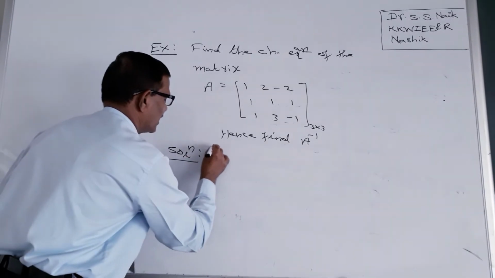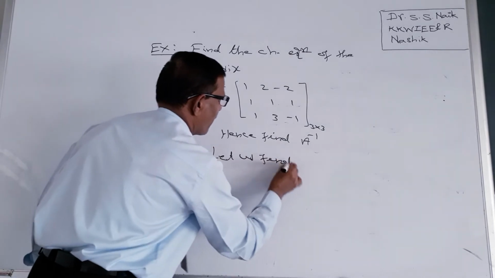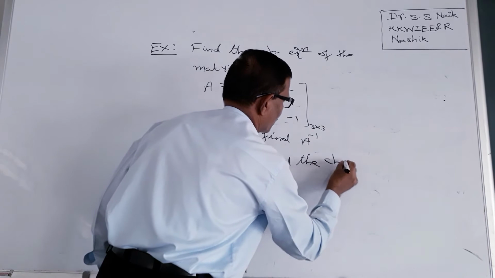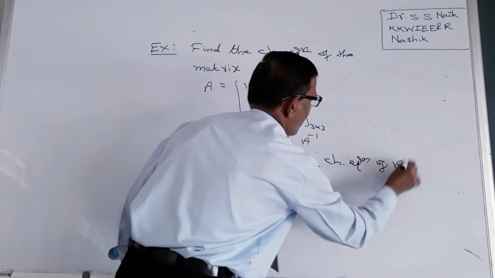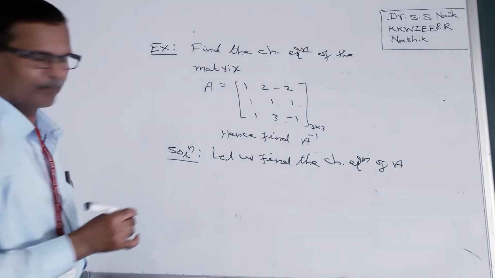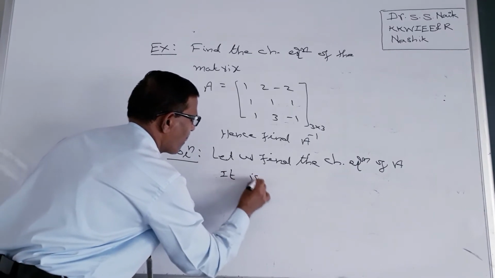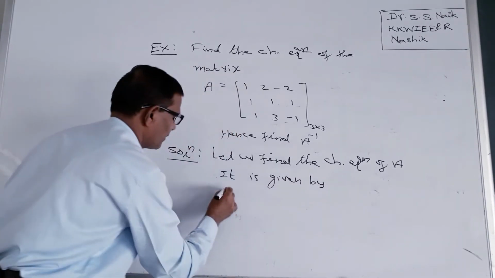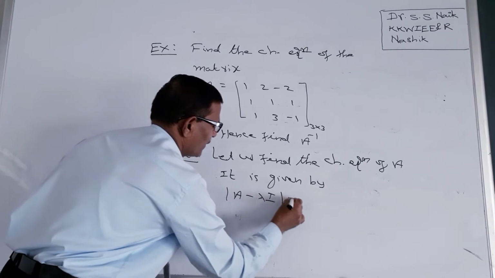So first let us find the characteristic equation of A. It is given by the determinant of A minus lambda I is equal to 0.